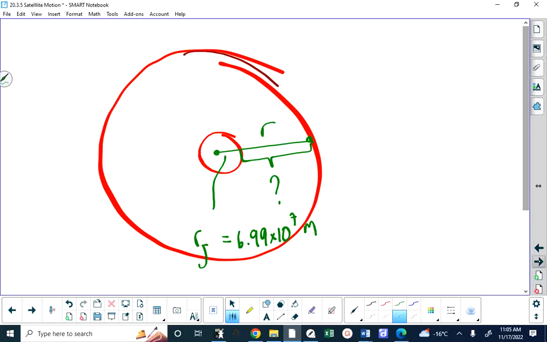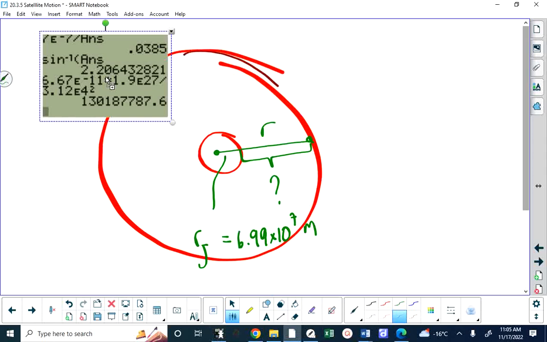And what we calculated was that this radius, the entire radius of the true circular orbit, is 1.302 times 10 to the 8 meters, which means that the question mark is going to be the difference between those two, which will be about 6 times 10 to the 7.